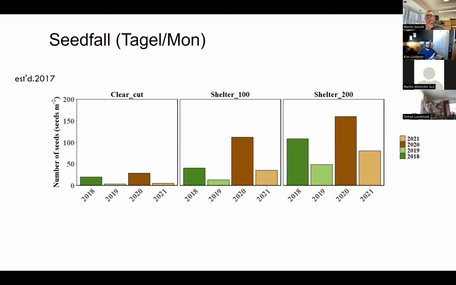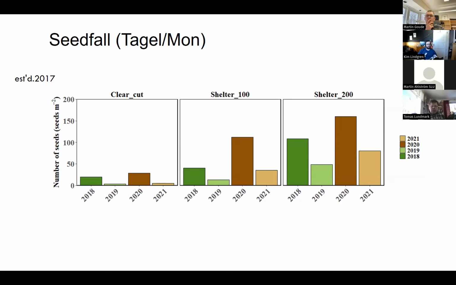And this is a similar result from the experiment at Togel. This experiment was established in 2017, and we observed quite a good seed year in 2020. The reason for that is slightly different. This time it's not weather or a dry summer, but we would explain it rather with the release effect.